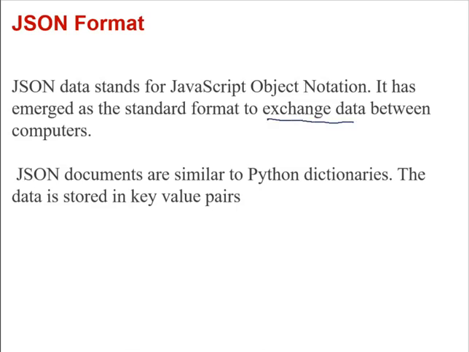A lot of websites that you see store their data in JSON format. JSON stands for JavaScript Object Notation. As I said earlier, the format is very similar to Python dictionaries, in the sense that data is stored as key and value pairs.